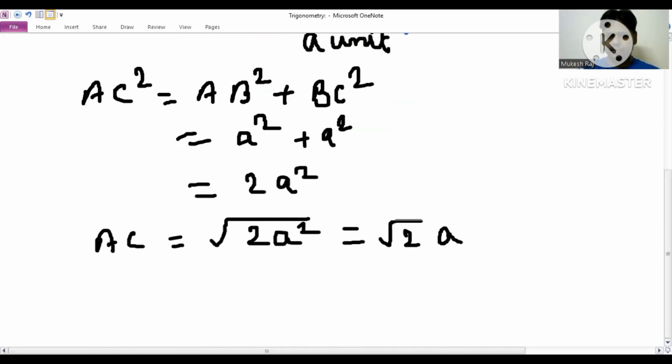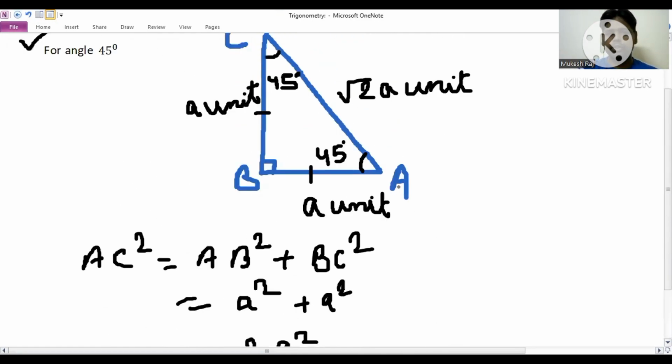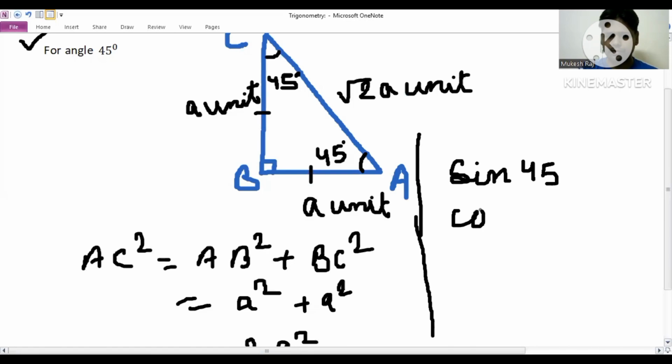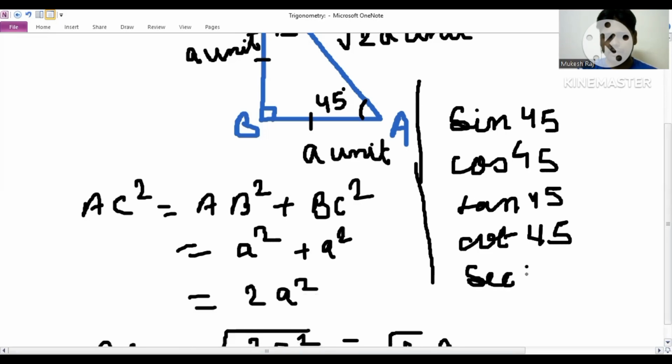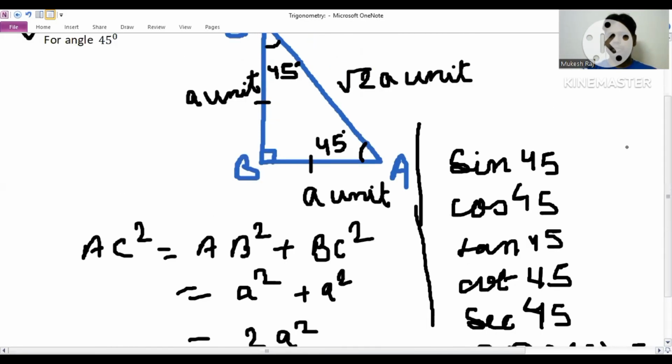Now, since I'm using this angle A as the reference angle for which I'm going to calculate the other trigonometric ratios, like sin 45, cos 45, tan 45, cot 45, sec 45, and finally cosec 45, in order to get the values of all these trigonometric ratios, we can use this as reference.